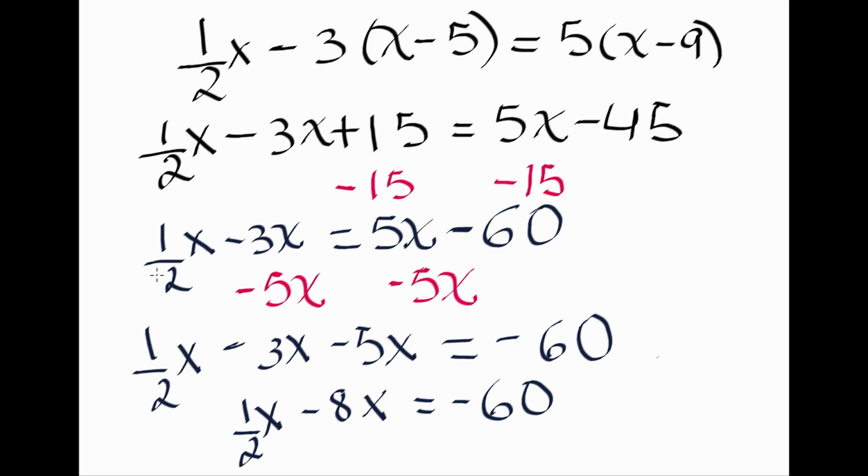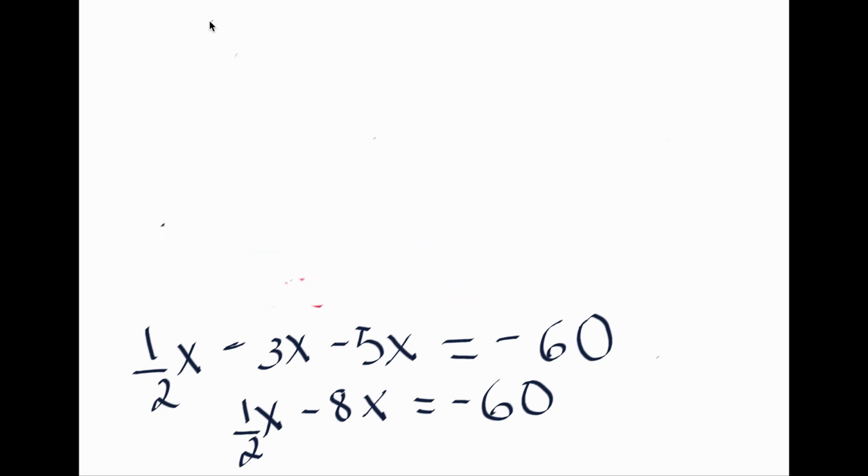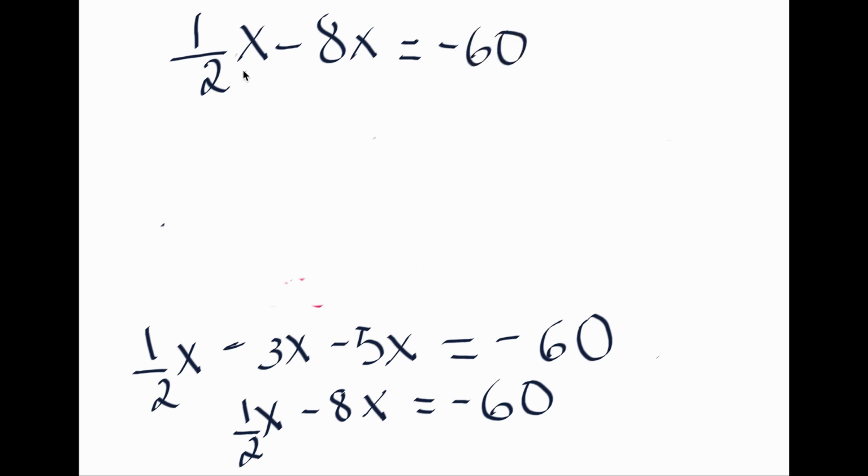So now, let me just write it up here again so we can all see it. It's 1/2 of x minus 8x equals negative 60. So we can do this several ways.